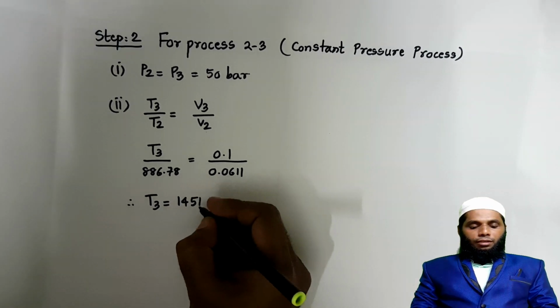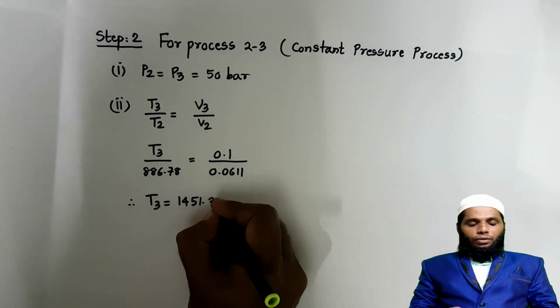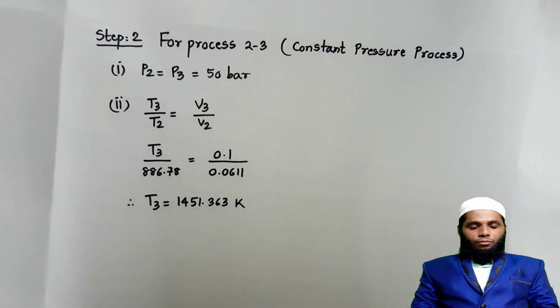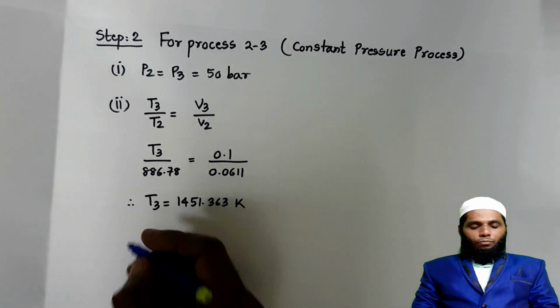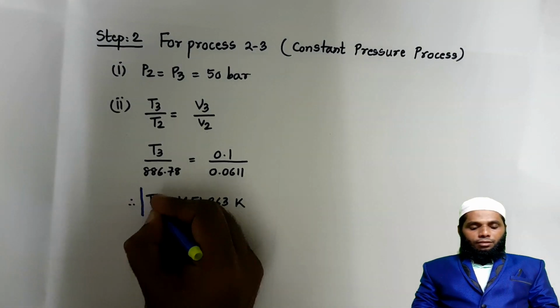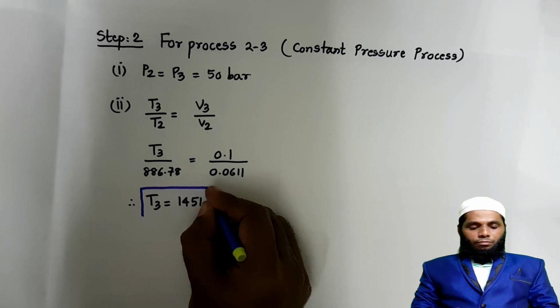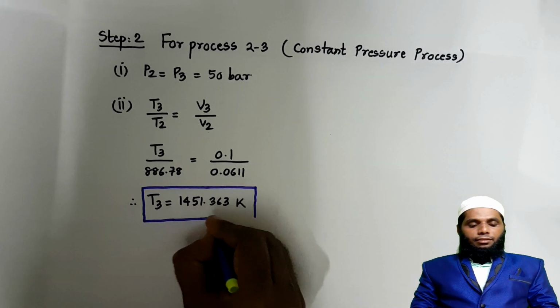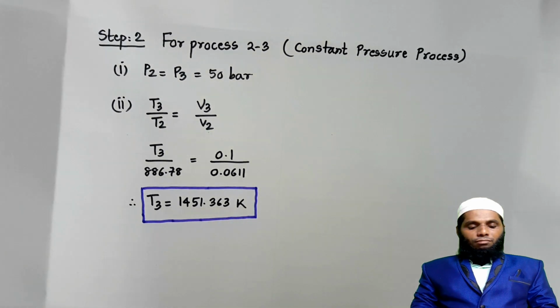So therefore T3 value we have found 1451.363 Kelvin. This is the second temperature, that is maximum temperature of cycle T3, second required answer.